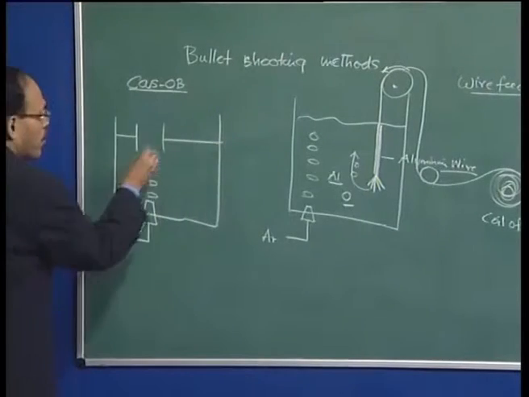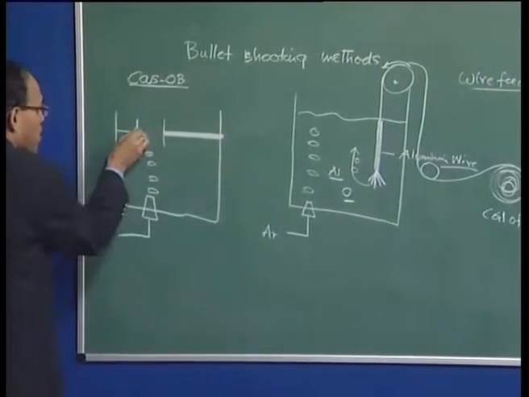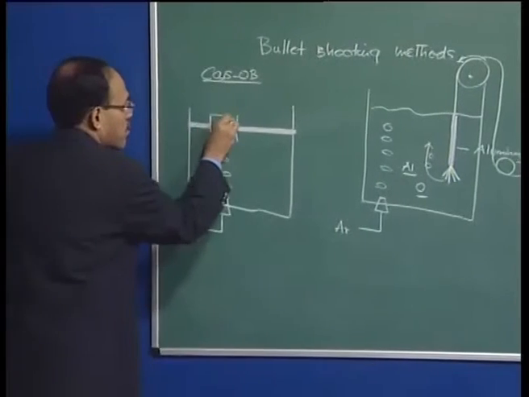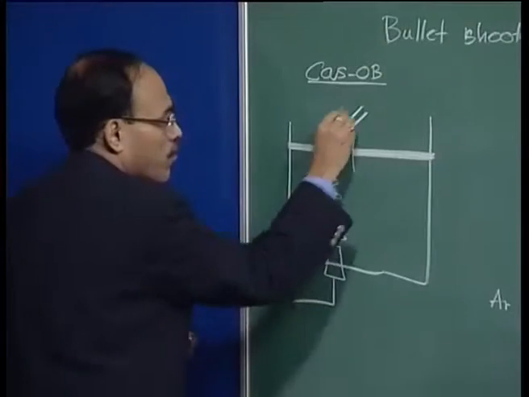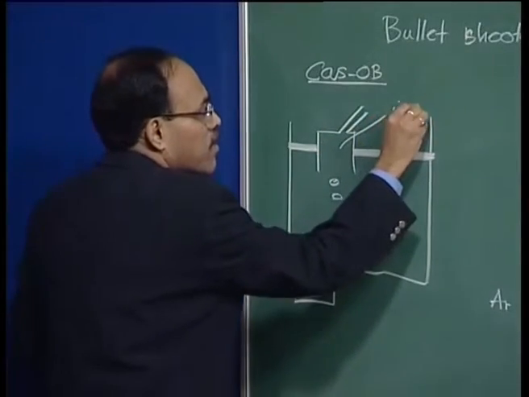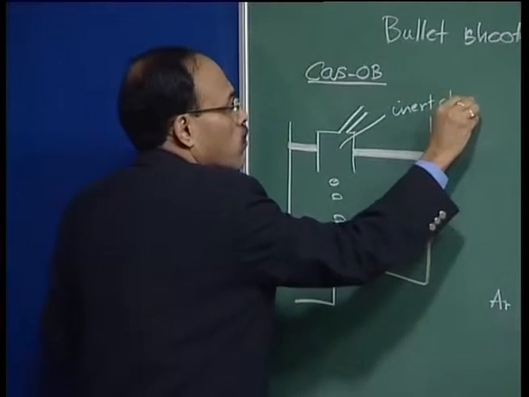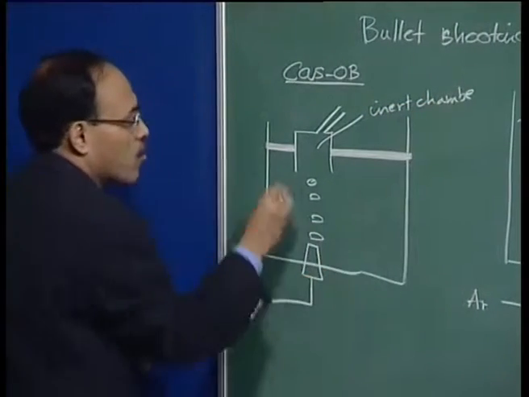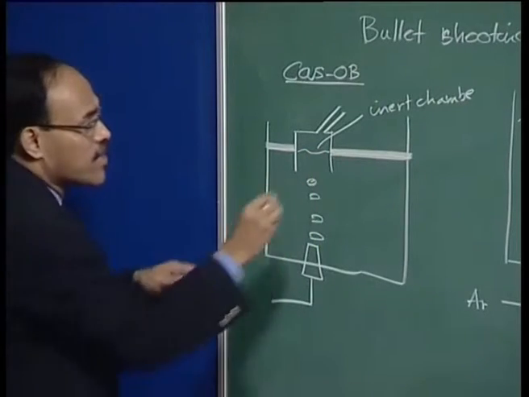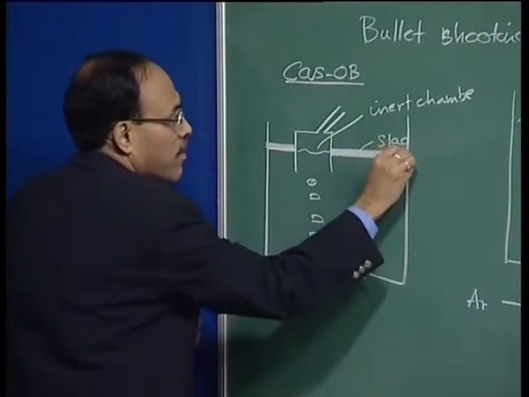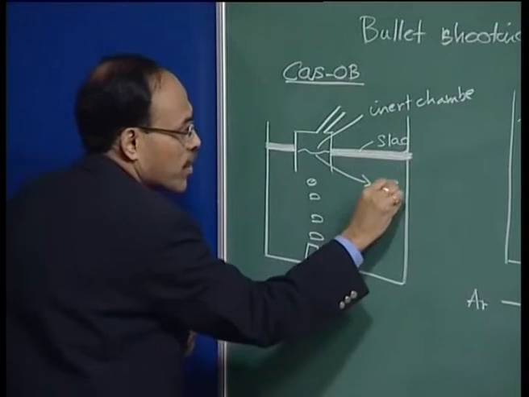So we have basically the slag layer which is contained outside this snorkel. So this is an inert chamber basically, and we have the melt surface here, and this region, this is slag, and here there is no slag, as you would note here.